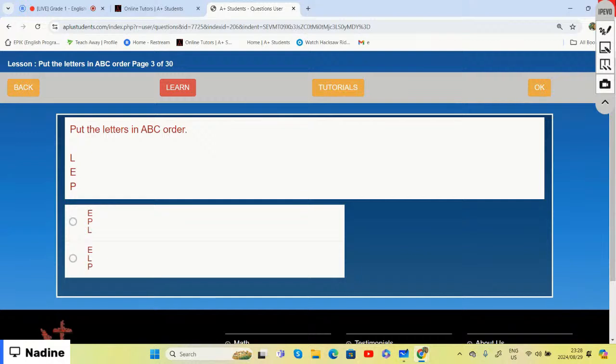Are we going to go with the first option, which is E, P, L, or the second option, which is E, L, P? That is if it's in order.